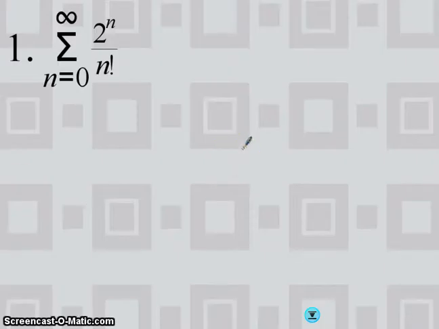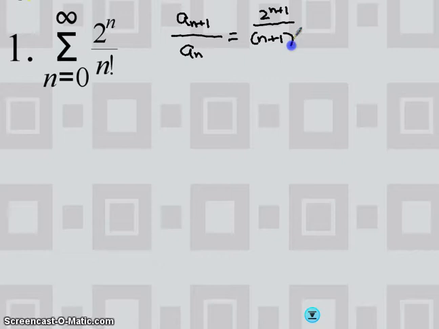So here's our first series that we're going to determine convergence or divergence for. The first thing I'm going to do is determine that ratio. There's my a sub n. So my a sub n plus first term is going to be 2 to the n plus 1 over n plus 1 factorial, all over my a sub n, which is 2 to the n over n factorial.